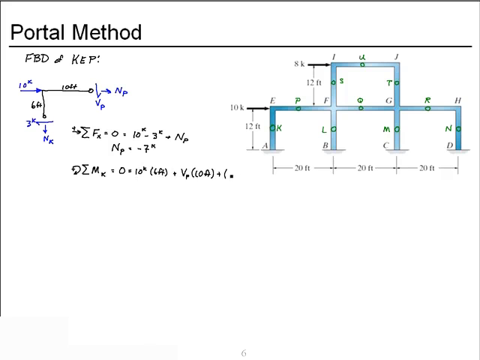And the normal that we just calculated is a negative and acts through 6 feet. So the shear at P is minus 1.8 kips.